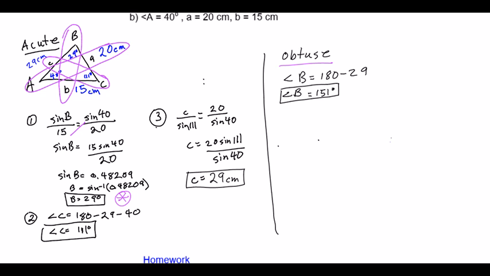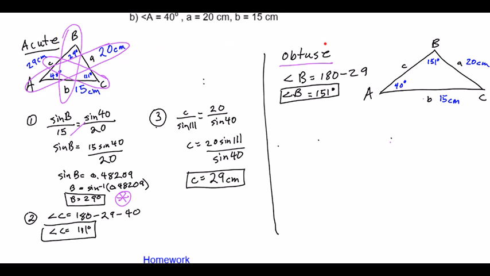So let's draw that obtuse triangle. So you'll notice angle A is still 40, angle B is still 151, but the two sides are the same as before based on our original triangle.